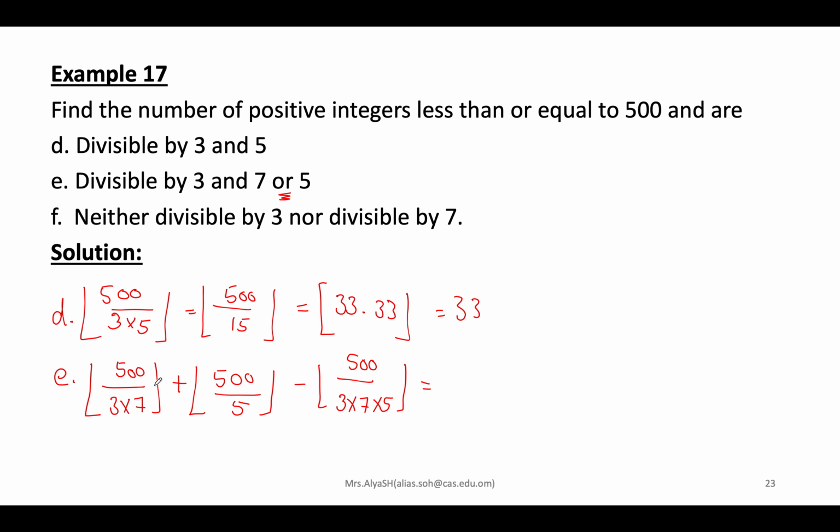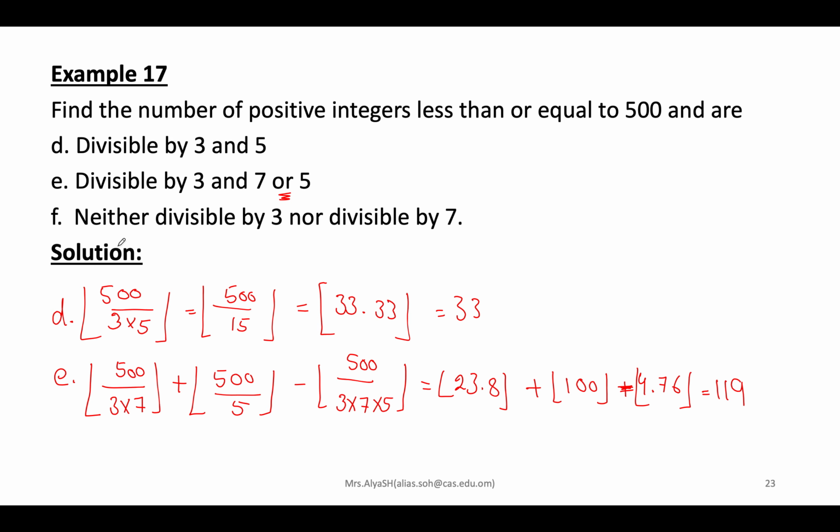So here we got 500 divided by 3 times 7 is equal to 23.8. Then 500 divided by 5 equals 100. And then 500 divided by 3 times 7 times 5, here we need to subtract, is 4.76. So taking the numbers without the fraction point, we will get 190. So we delete 0.8 and delete 0.76.